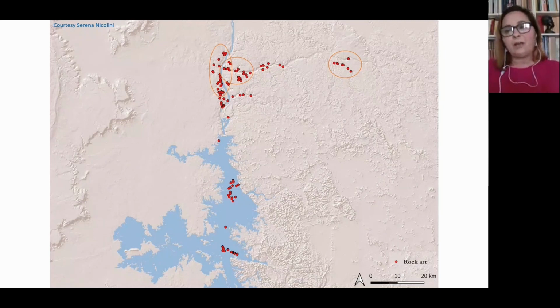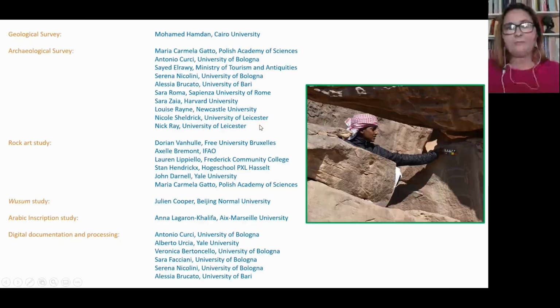I'm not mentioning the rock inscriptions that are also quite common in the area. So these are just rock art sites. And as you can see, those in the orange circles are under the investigation of my project. So at least half of the rock art in the region is what we are dealing with.